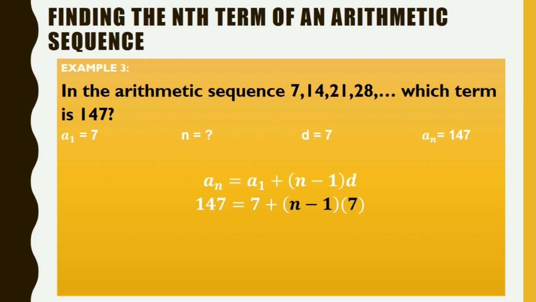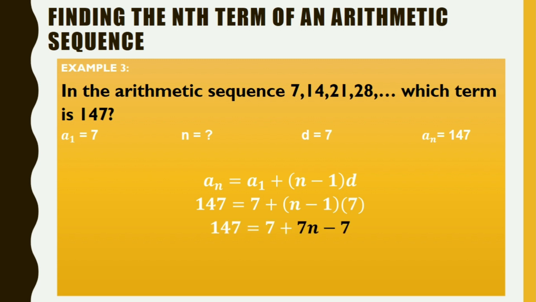Okay, so using distributive property, we will multiply quantity n minus 1 times 7. So by distributive property, n times 7 is equal to 7n, and negative 1 times 7 is equal to negative 7.